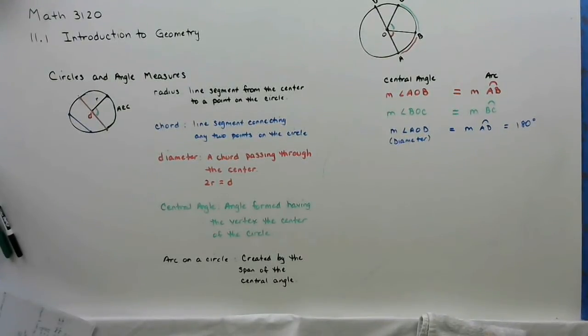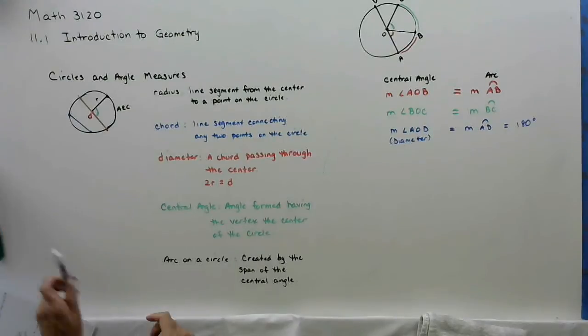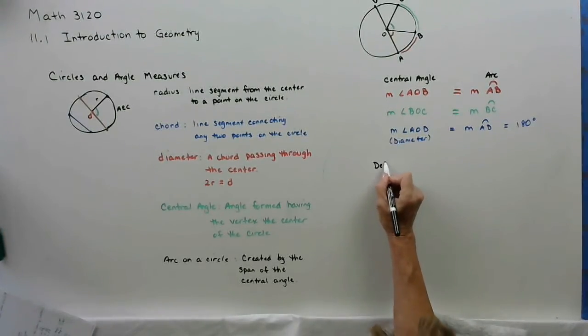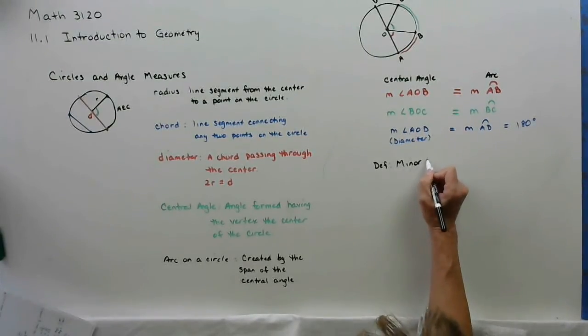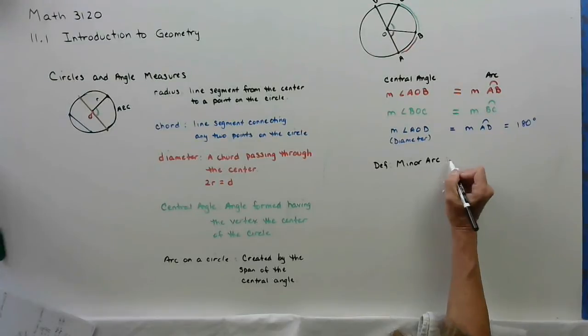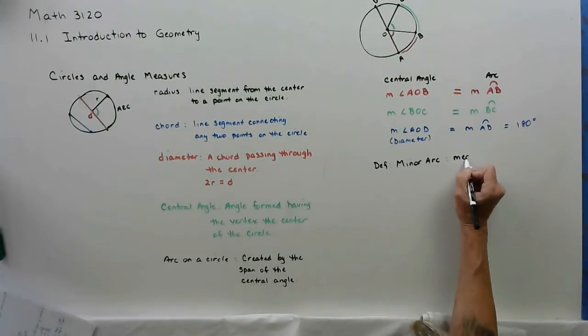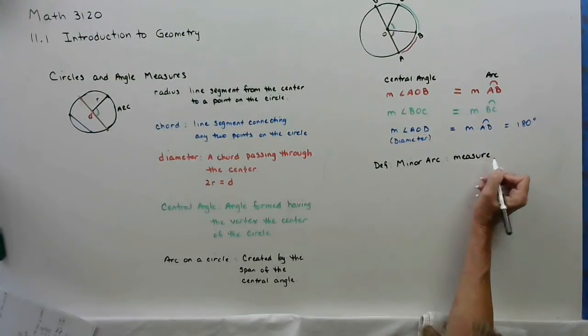So bouncing off of that, we want to take a look at what's called a minor arc and a major arc. A minor arc has measure less than 180 degrees.